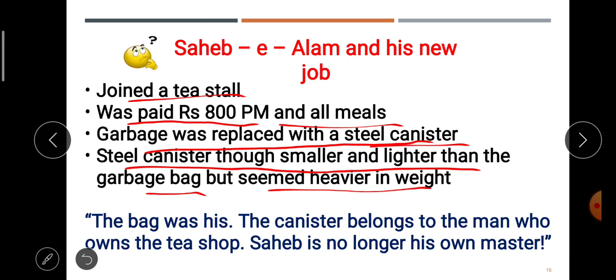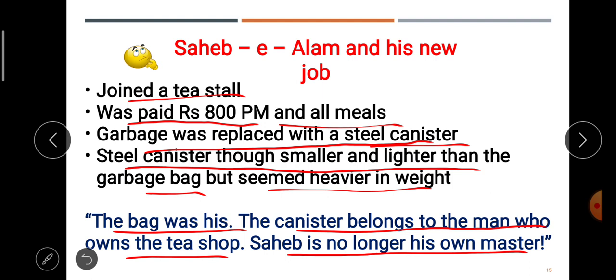That's why it is said that the canister seems and feels heavier than the garbage bag. The bag was his. The canister belongs to the man who owns the tea shop. Sahib is no longer his own master. And the loss of freedom has become a great burden on his mind, on his heart, and on his soul also.